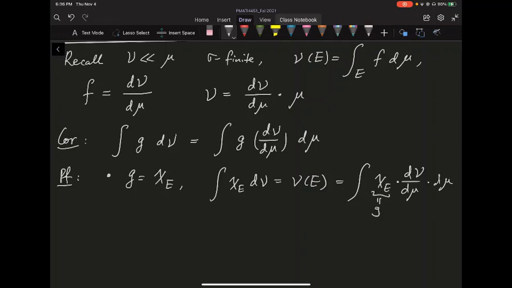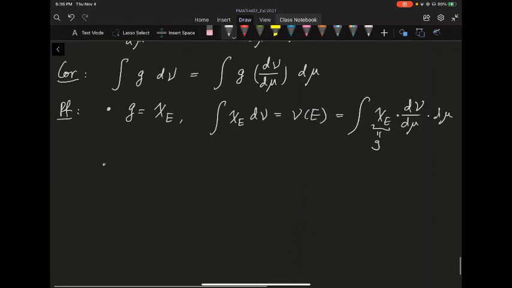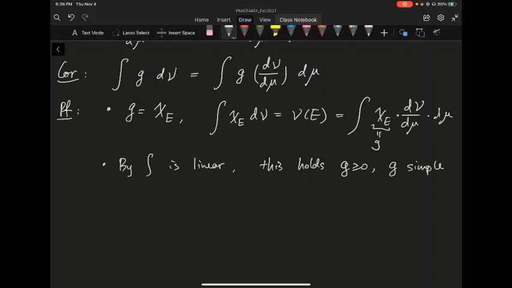For a characteristic function, this equality holds, and since the integral is linear, this will hold for all simple functions. So this also holds when g is greater than or equal to 0 and g is simple. You just take a finite linear combination of them, and that still holds.